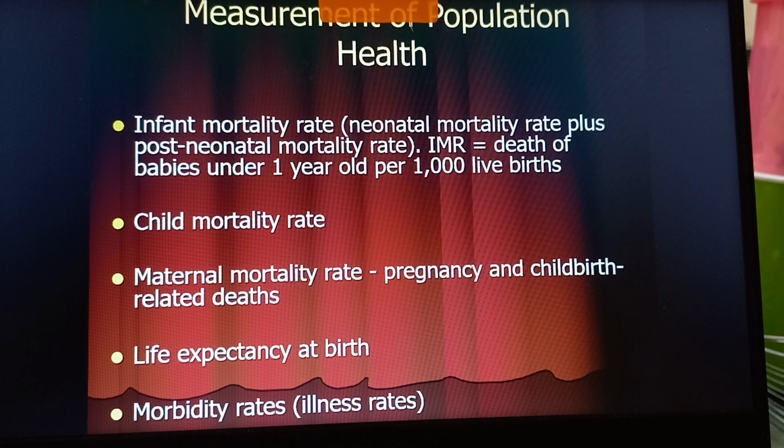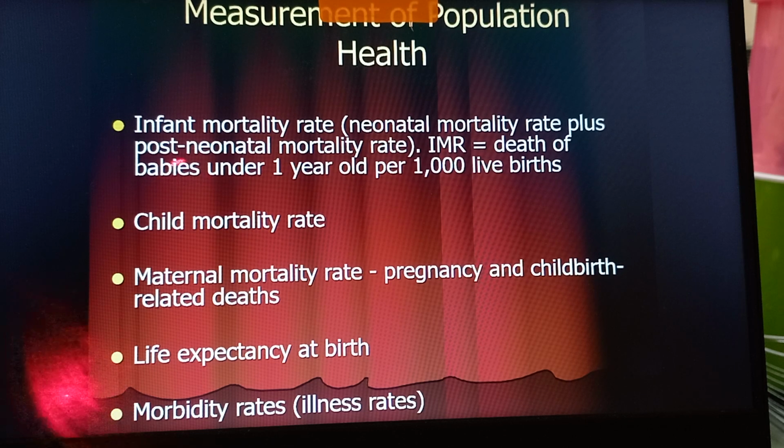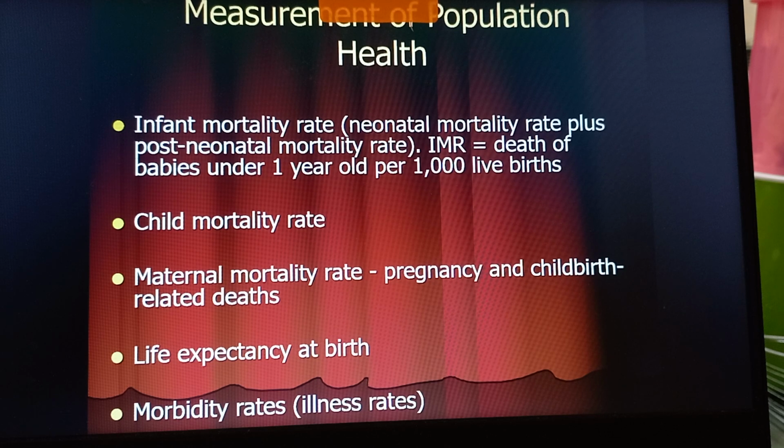The infant mortality rate is made up of the neonatal mortality rate plus the post-neonatal mortality rate. Neonatal mortality rate means deaths of infants under 28 days of age, right? And the post-neonatal is beyond that, okay?